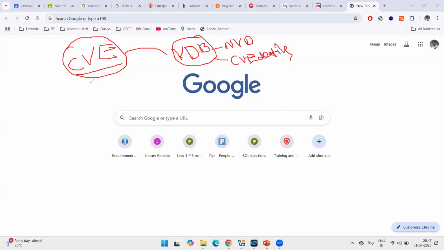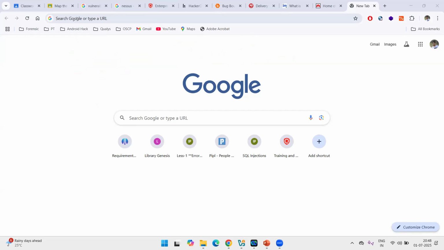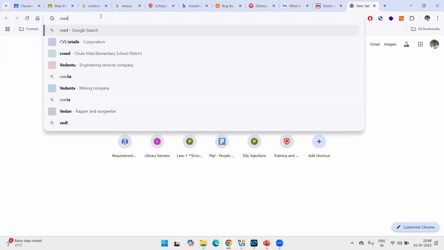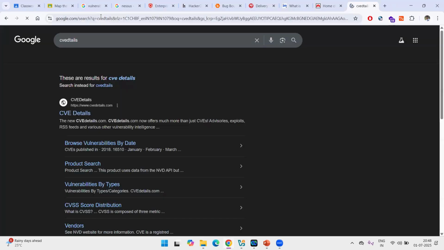And every vulnerability will also have a risk rating. We call that a CVSS score, which is out of 10. I'll take you to one example. Let's go to NVD or CVE Details.